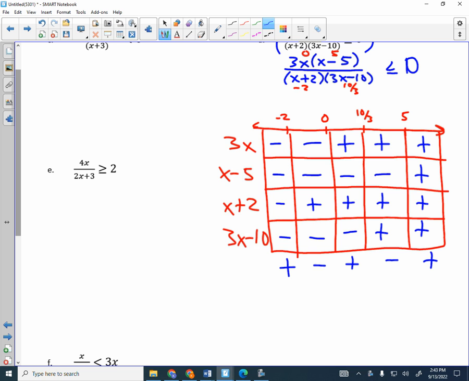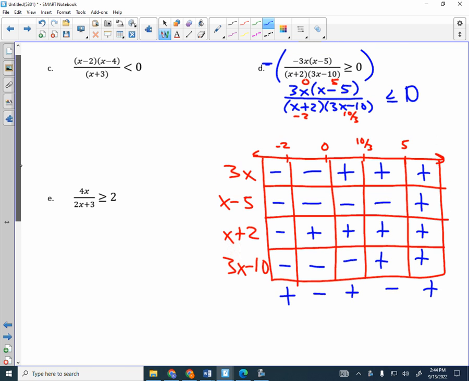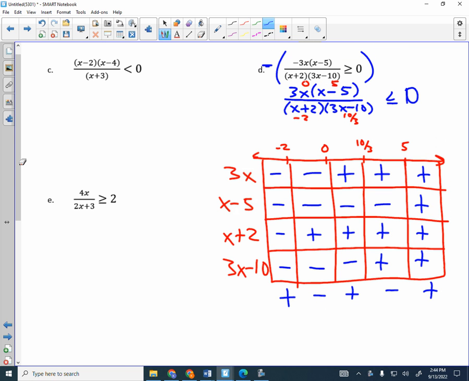Yes? So the idea here is that if we plugged in, say, the number 1, you would get a positive 3 times a negative 4 divided by a positive 3 times a negative 7.